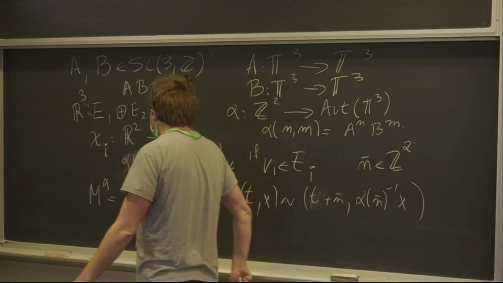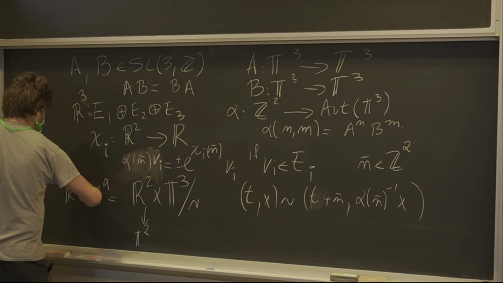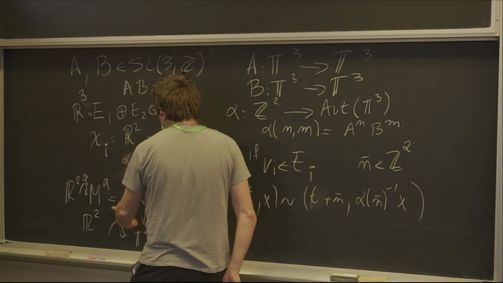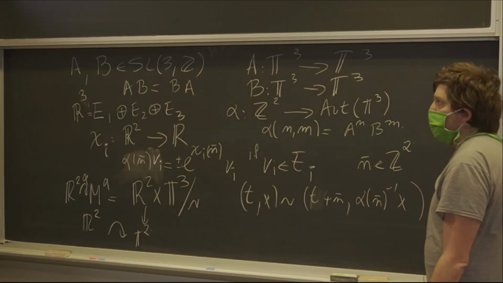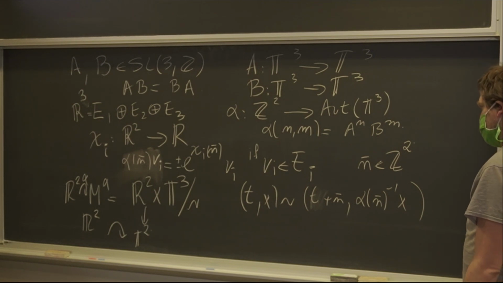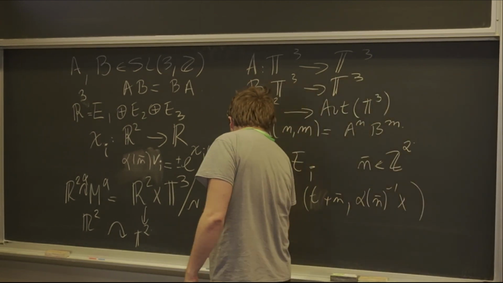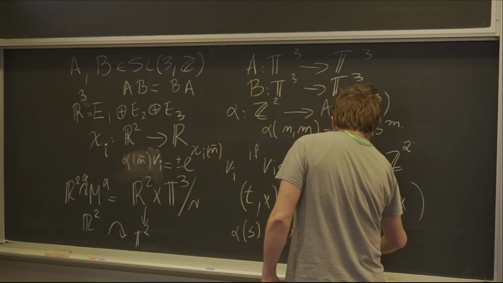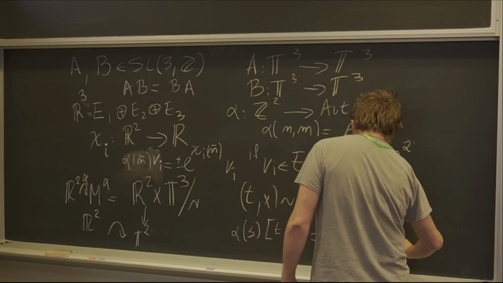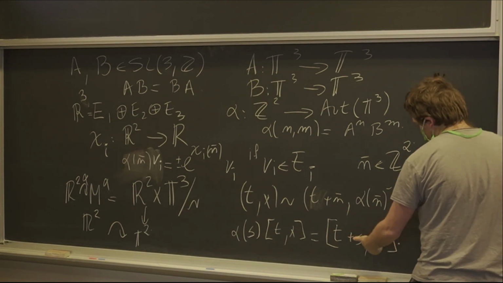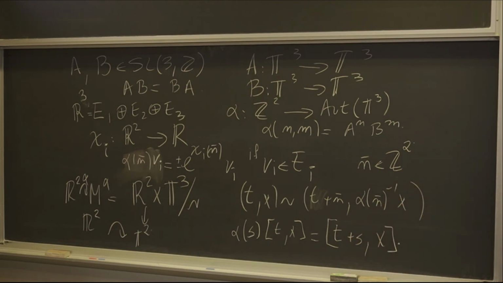And on this M alpha, we have this R2 action, we still call it alpha, that projects into the corresponding R2 action on T2 by translations. So the R2 action is alpha of s applied to (t, x) is nothing but (t plus s, x). And in the gluing is where the dynamics actually happens. So as always, you never see anything happen in the second coordinate, but it's the gluing that makes things happen in this second coordinate.